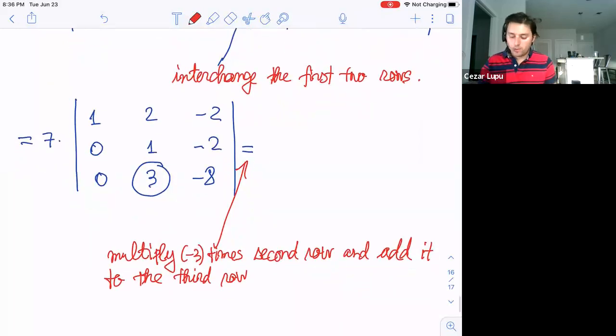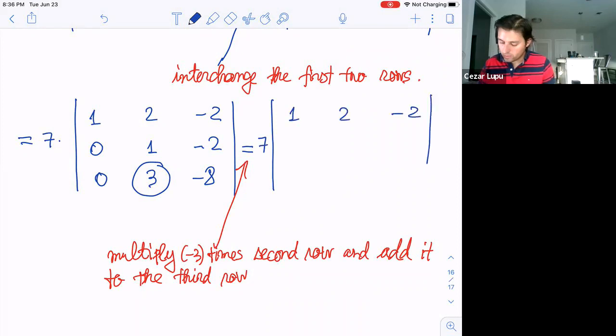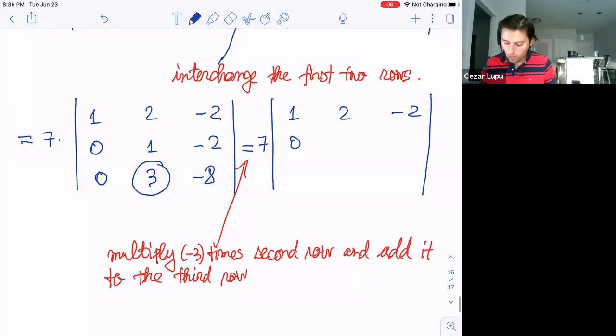In other words, we'll get the following. Let's not forget we have the 7 here. So it will be 1, 2, -2; then 0, 1, -2; and the last one will be 0, 0, and -2.